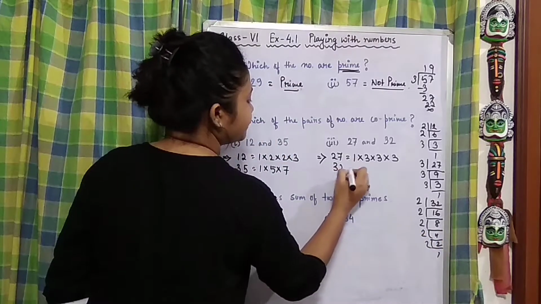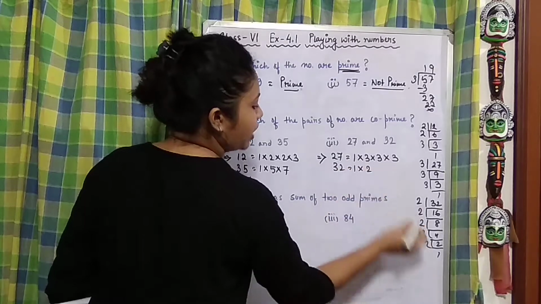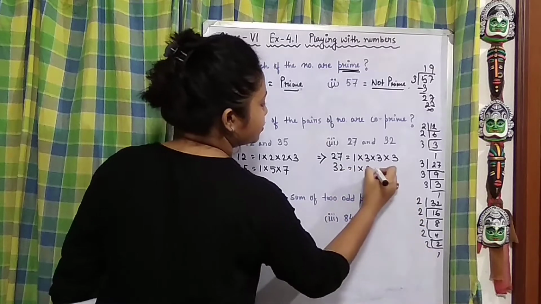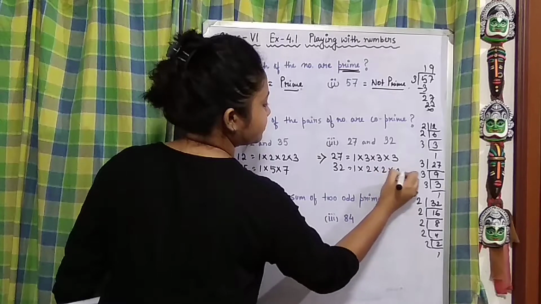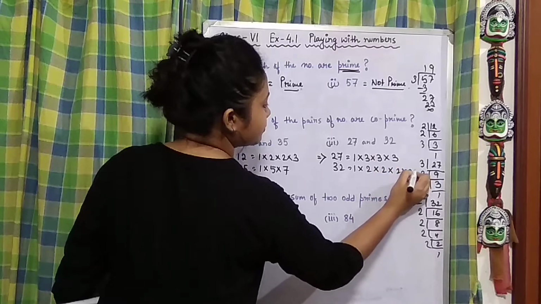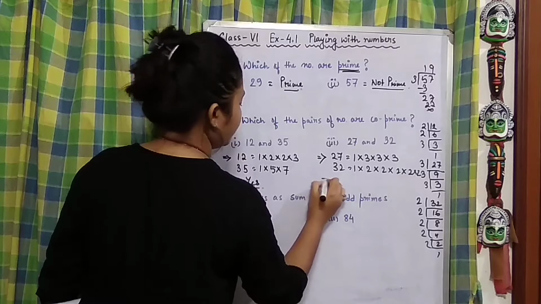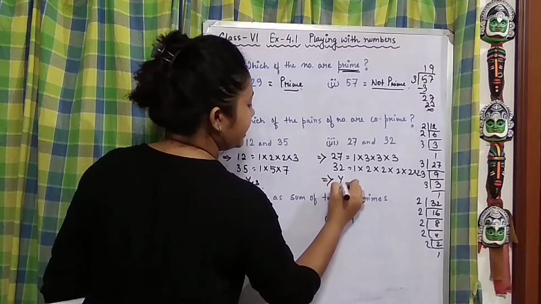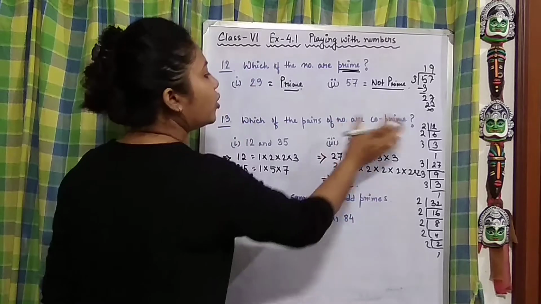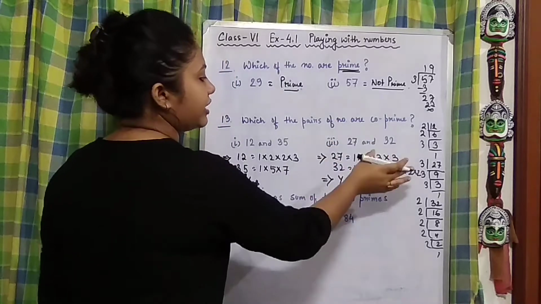So 32 is 1 into 2, and how many 2s are there? 5 twos. So the answer for this will be yes, this is also a co-prime pair because they don't have anything common between each other.